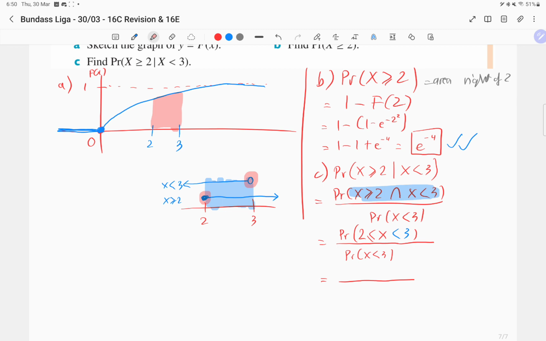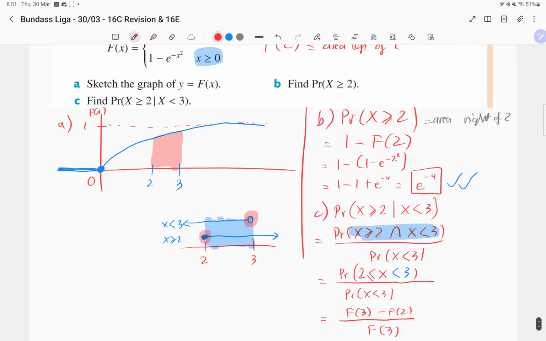F of 3 minus F of 2. Yes, that's right. Very good. That's the area to the left of 3 minus the area to the left of 2. Because big F is the area to the left of something, right? And then the bottom is just the area to the left of 3, so it's just big F of 3. Okay, and then the rest is just algebra. Work that out.